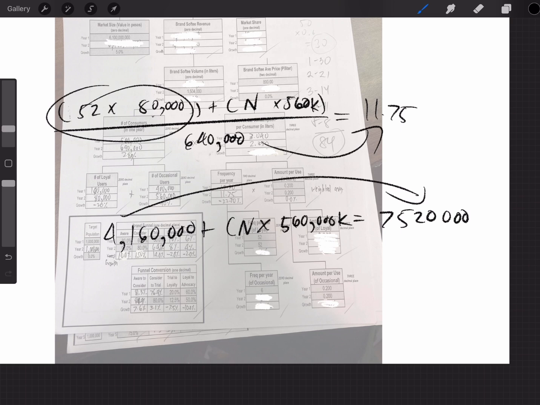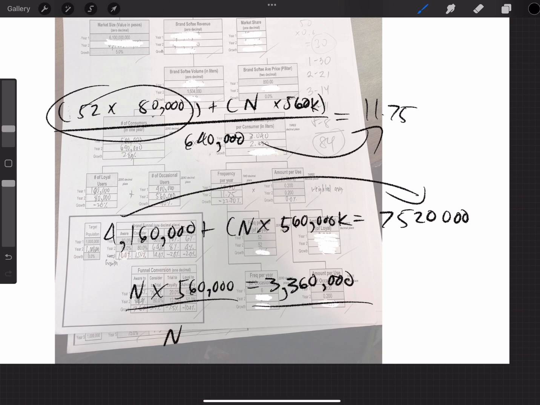We're going to transpose that 4 million. That's going to be n times 560,000 is equal to 3,360,000. Then we divide by 560,000 on both sides, and we'll see that n is actually equal to 6.